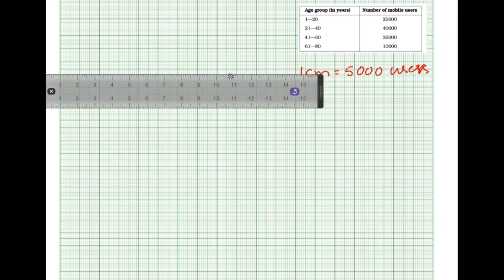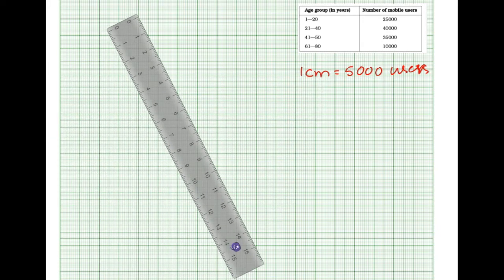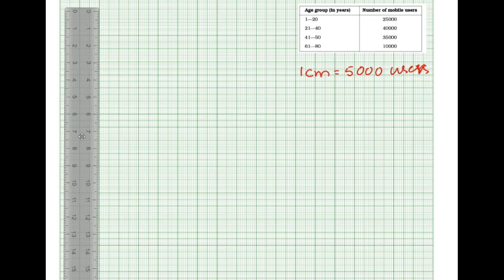For doing that, let me consider 1 centimeter to be equal to say 5,000 users, so that we get a better graph. Now let us take up a ruler and mark horizontal and vertical axis. The horizontal axis will represent the age group in terms of years, and the vertical one will indicate the mobile users.